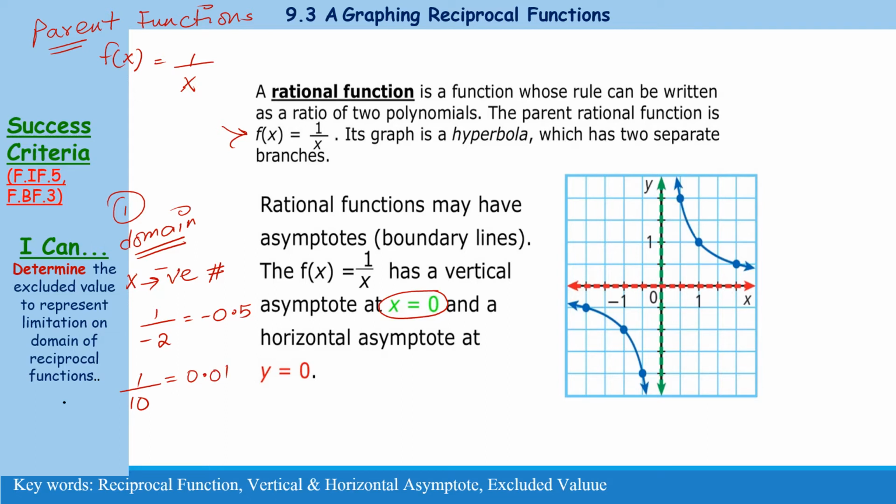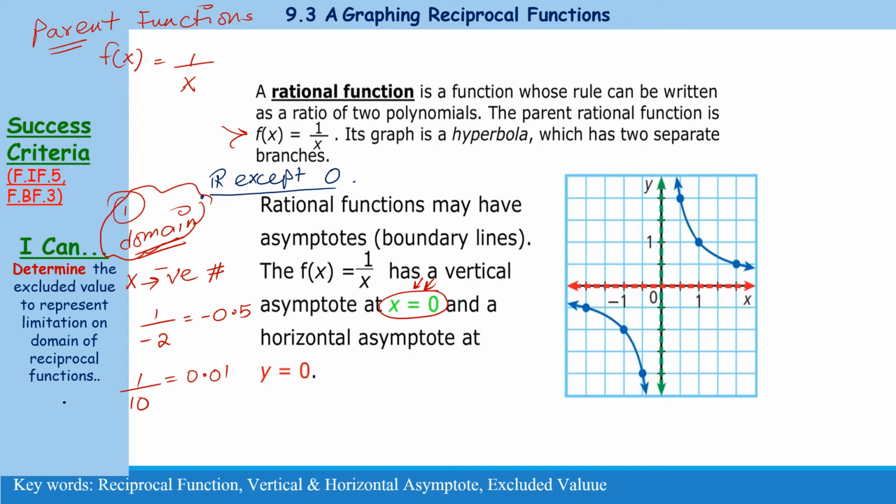Whatever you put, either a negative number or a positive number, it gives you an answer. But if you put 0, it gives you undefined. So the domain is all real numbers except 0.